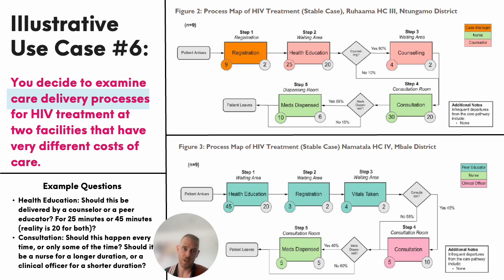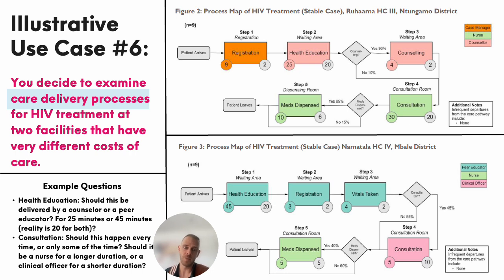So in the top diagram, we see that the staff involved include a case manager, highlighted in orange, a counselor in sort of a light pink, a nurse in green.